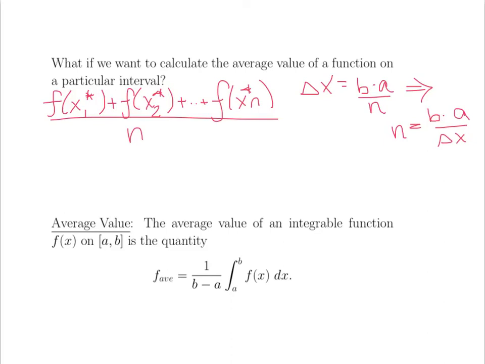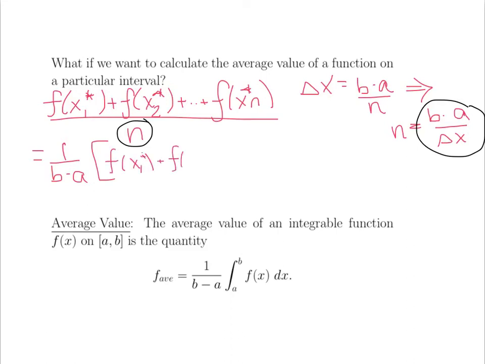So if we want to rewrite this, we could replace this n with this equation, and we get that this is really, if you do some algebra, 1 over b minus a, taking out the n, and then you have f of x1 star plus f of x2 star, and then you add all those up down to f of xn star.